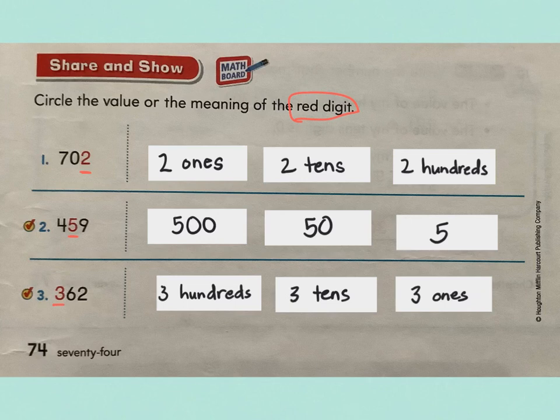Is that 2 ones, 2 tens, or 2 hundreds? Don't forget, you can draw your place value chart and label it ones, tens, and hundreds to help you. Now we can see that the 2 is 2 ones.